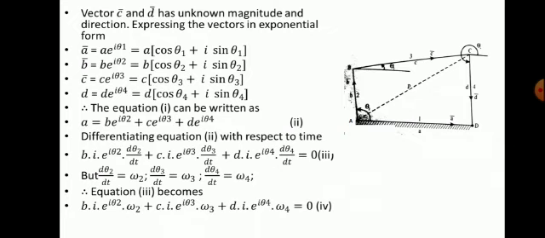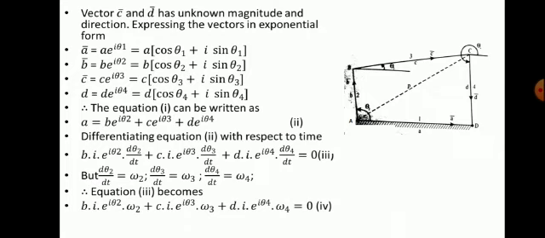Vector C is equal to C e^(i theta 3), nothing but C into cos theta 3 plus i sin theta 3. Vector D is equal to D e^(i theta 4), which is D into cos theta 4 plus i sin theta 4.